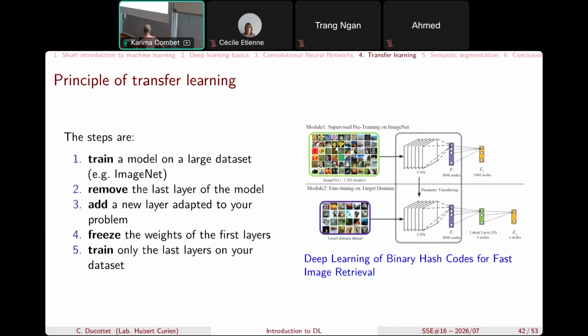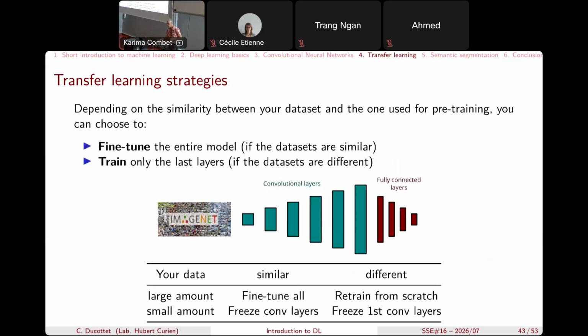We freeze the weights of the first layers, so it could be all the layers in the convolutional part and some in the fully connected part, and we train only the last layers. Okay, so it will be a way to train with a small number of data.